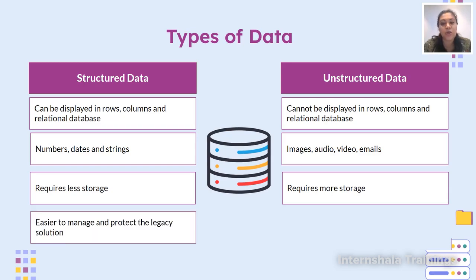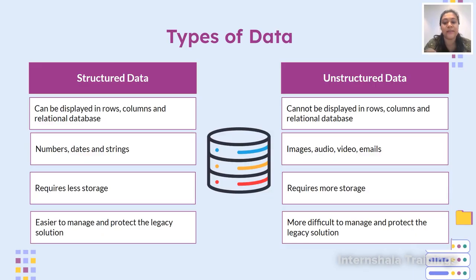But last but not the least, if we take one more, structured data is very easy to manage and protect, the legacy solution. That means what? Because it is in a structured and organized format, we are able to manage it properly. Yeah, we can maintain the rows and columns, how many rows we want, how many columns we want of that particular data, right? But when we talk about unstructured data, it's more difficult to manage and protect. Because when we talk about rows and columns like structure of data, here we have to protect the data also, right?